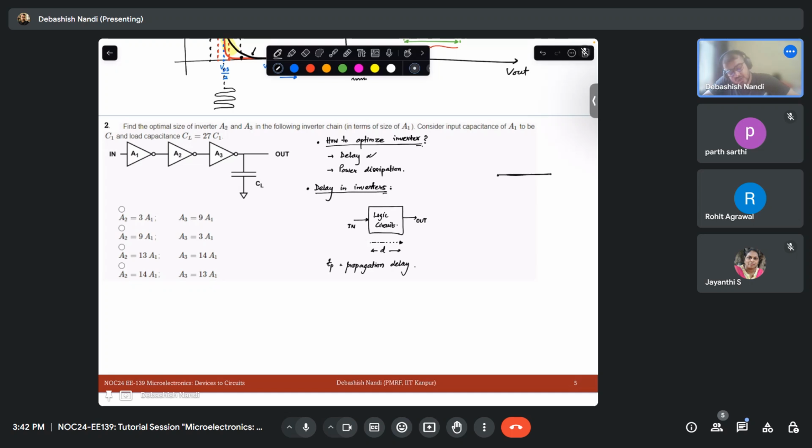If I give a signal, how much time do you think the signal takes to pass from this point to that point? An ideal metal wire: if you give a signal to one end, how much time should it take to reach the other point?